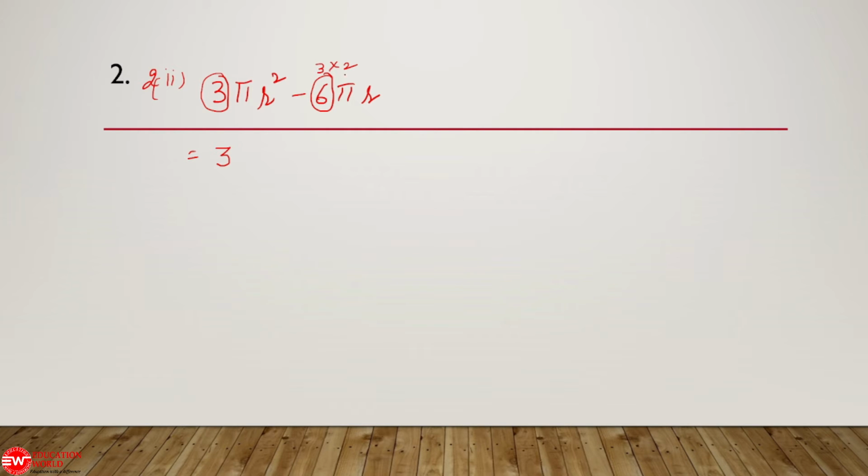Pi is there in both, and r square and r, it means 1 r, is common. Now see, 3 you have taken, pi you have taken, out of 2 r, 1 you have taken, so 1 is left. Minus, it is 2, pi you have taken, r you have taken. Clear?